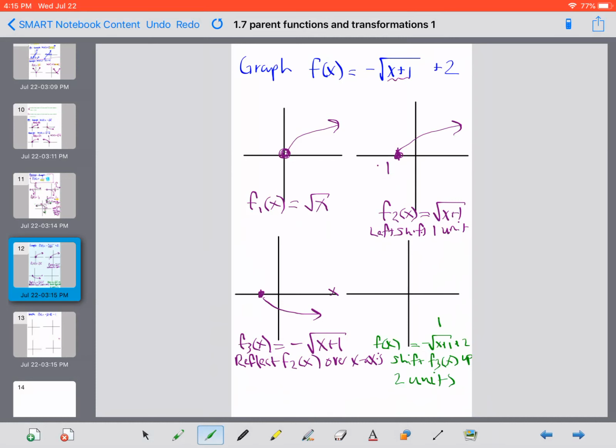Now we're adding 2 to it. That means we're going to have a vertical shift. So it's going to be that same basic shape here at negative 1, but shifted up 2 units. So now I'll have a point at negative 1, 2, and it'll keep going in this direction. All right, we'll do some more examples of transformations of graphs in class.